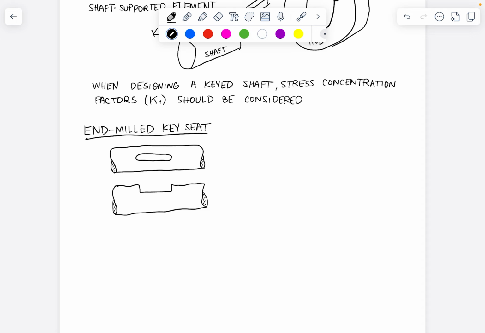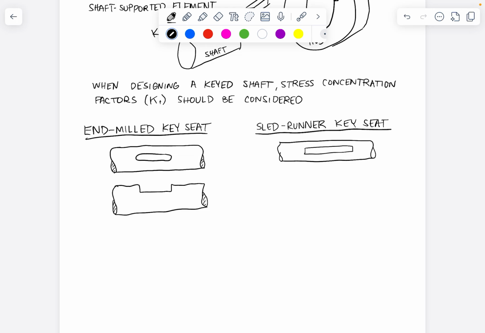Okay, now let's talk about a sled runner key seat. Okay, so this one from directly above has more of a rectangular shape or appearance.